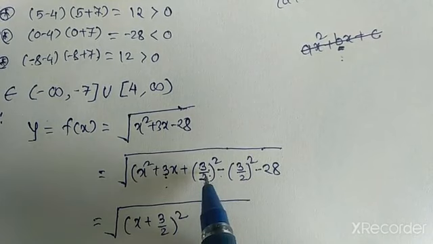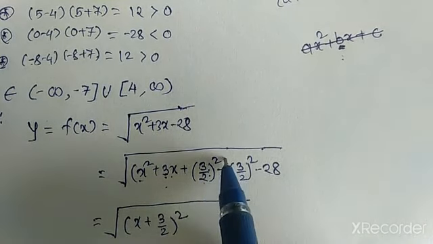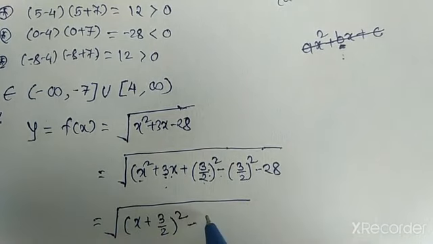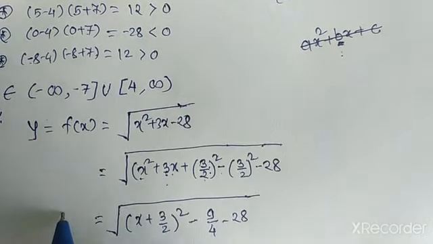Okay, if you do expansion of this square, we get x square plus 3x plus (3 by 2) bracket square, and here minus 9 upon 4 minus 28 as it is, y is equal to.